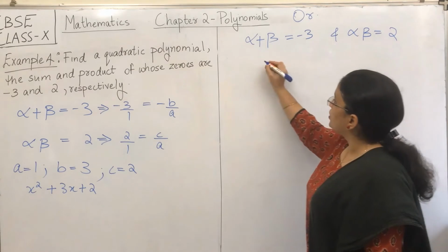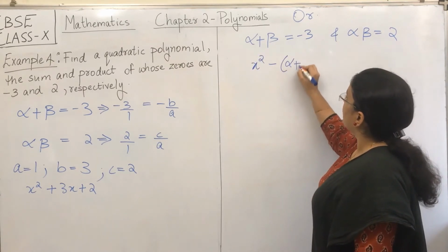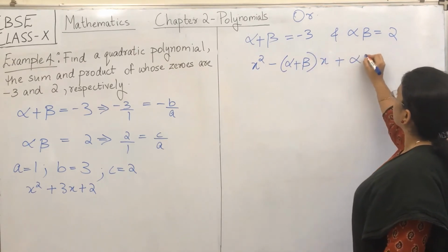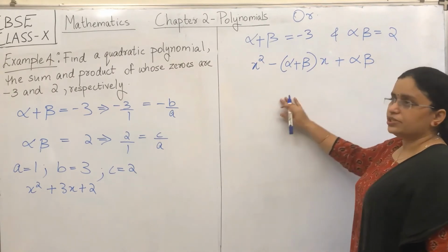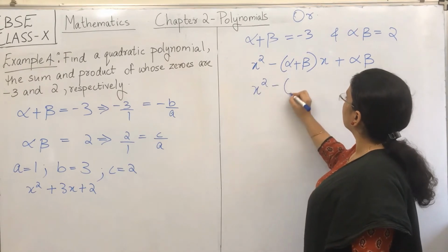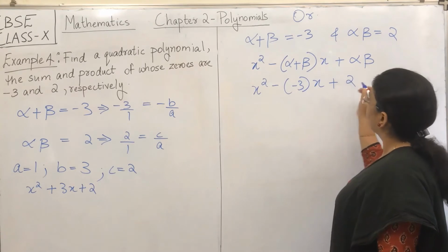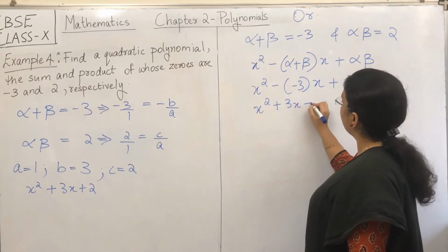Now we know the general form: x square minus alpha plus beta x plus alpha beta. Just substitute the values of alpha plus beta and alpha beta in this general form. It's x square minus minus 3x plus 2, that is, x square plus 3x plus 2.